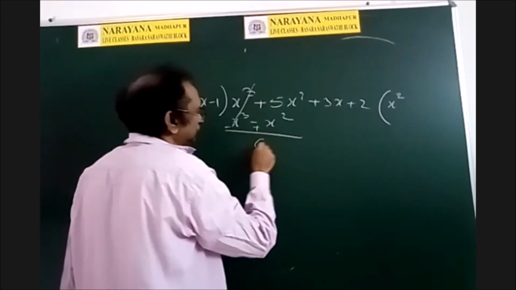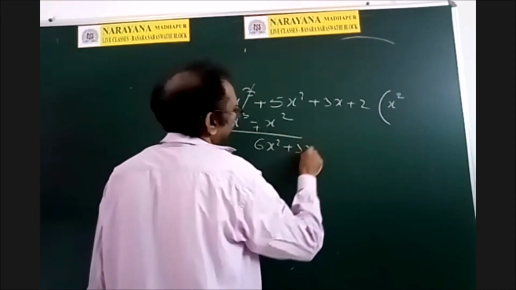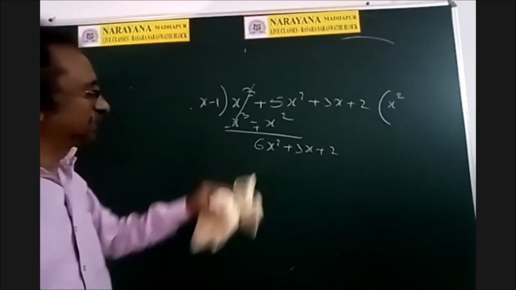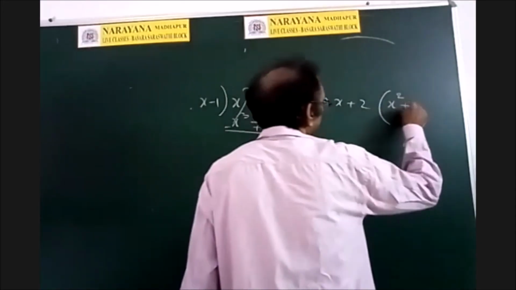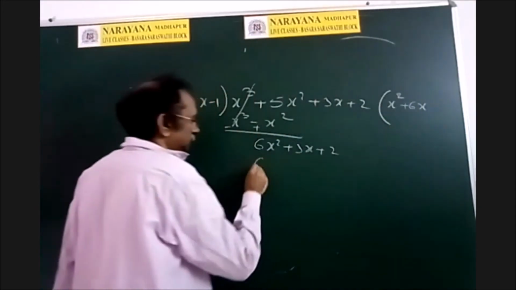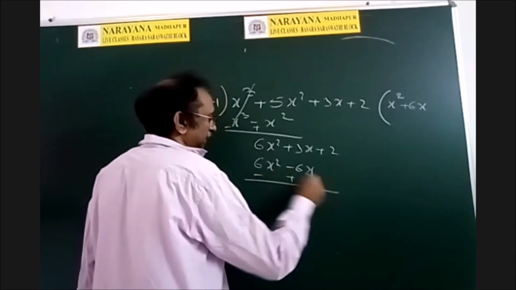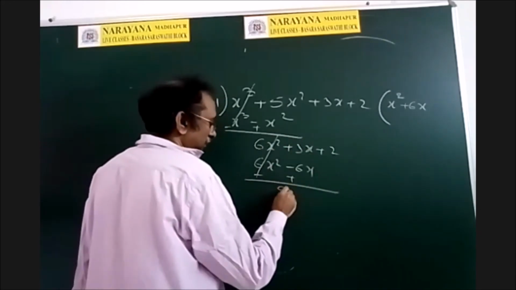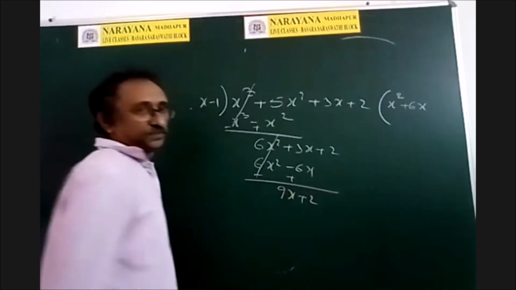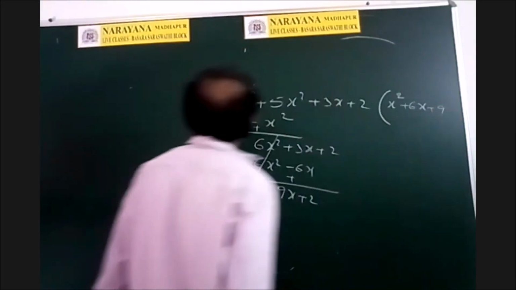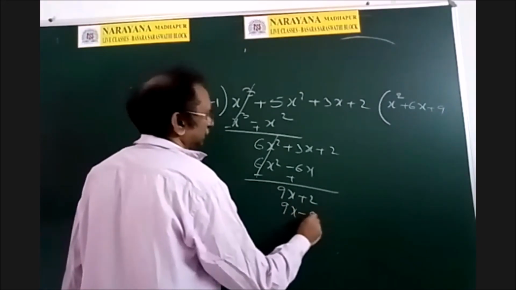So we get 6x square plus 3x plus 2. And x must be multiplied with 6x to get 6x square. So this is 6x square minus 6x, minus, plus. So these are cancelled. So 9x plus 2. And x must be multiplied with 9 to get 9x minus 9.